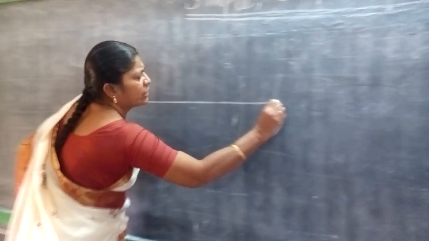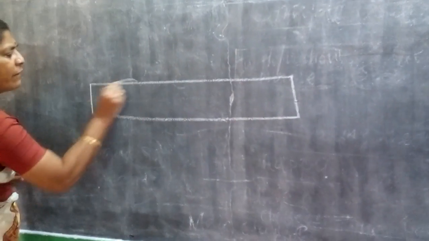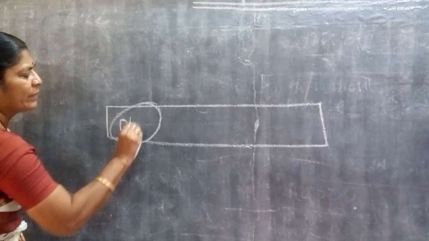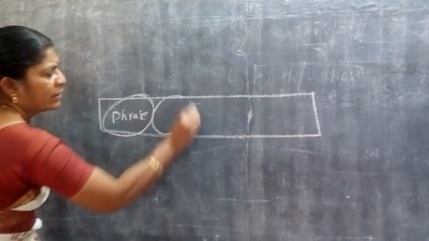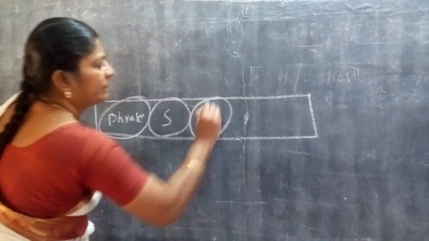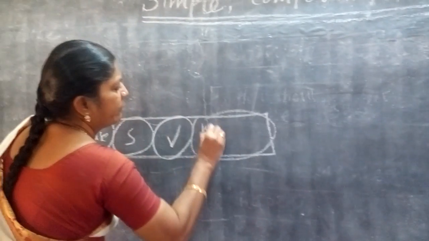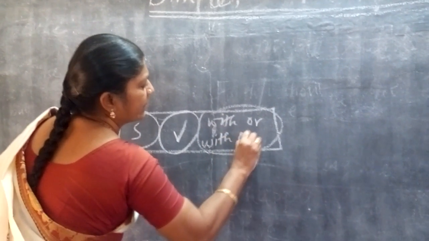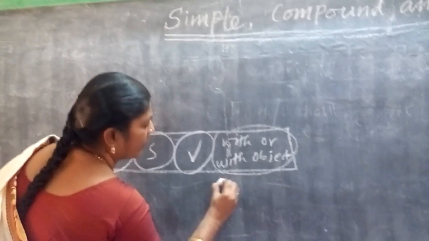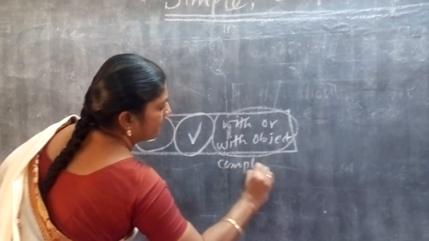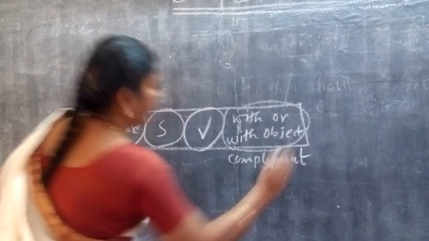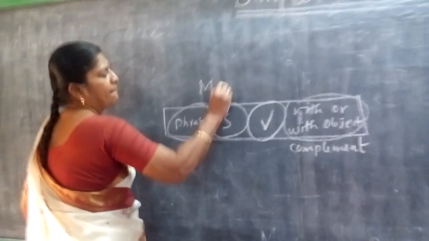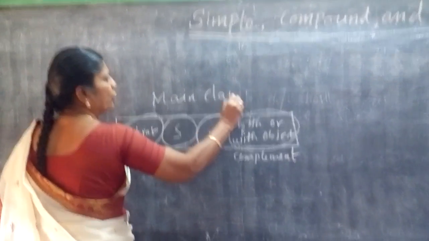Once again, to warm up: what is the main class structure? With or without phrase, then subject, verb, with or without object or complement. You know this very well.